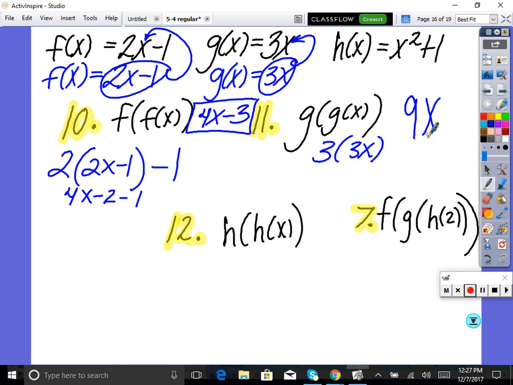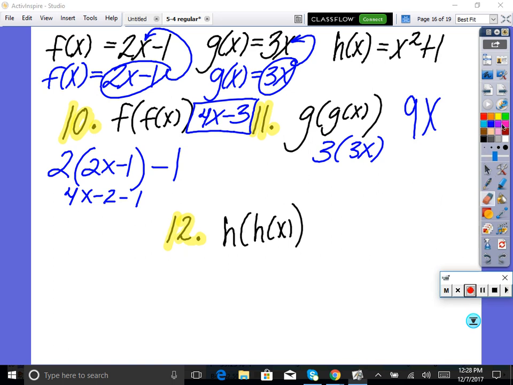Do number 12. H of h of x. I'm going to write this out twice. H of x is equal to x squared plus 1. Now remember, we're taking h of x and substituting it in anywhere there's an x. So instead of that being an x, it's that.